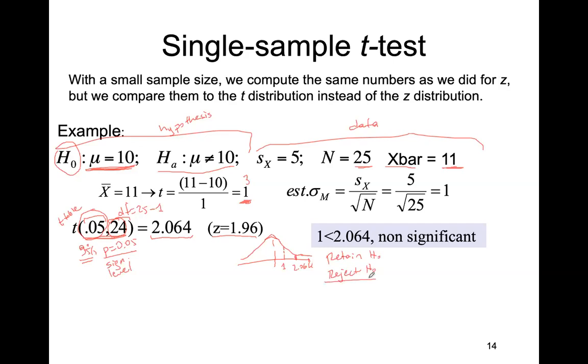So I would say I have significant evidence against the null hypothesis, which is saying that mu is equal to 10. If this were 13, with everything else the same, then I would say I have significant evidence against the null hypothesis.